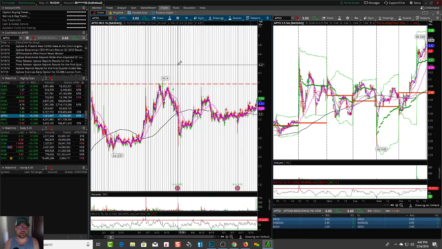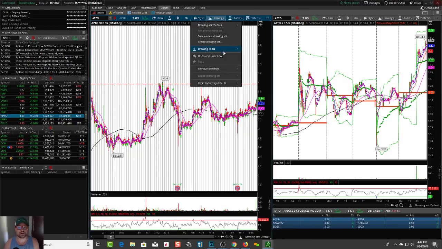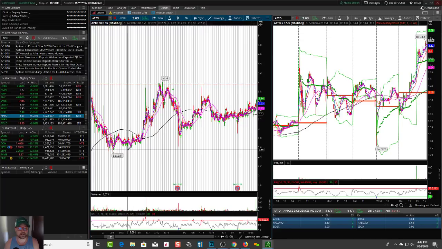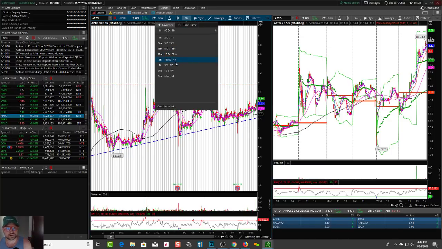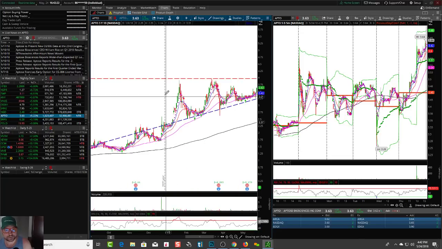So this one, you can kind of see when you're drawing these lines now, right? You can kind of see an ascending triangle-ish right up here. If you look over on the daily, you can see it might be doing an ascending triangle. Has some resistance of $4, has some potential to move.